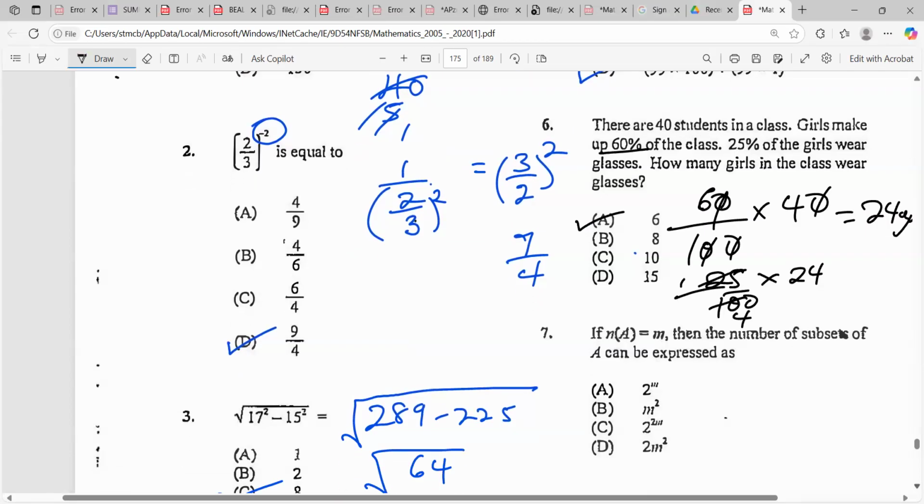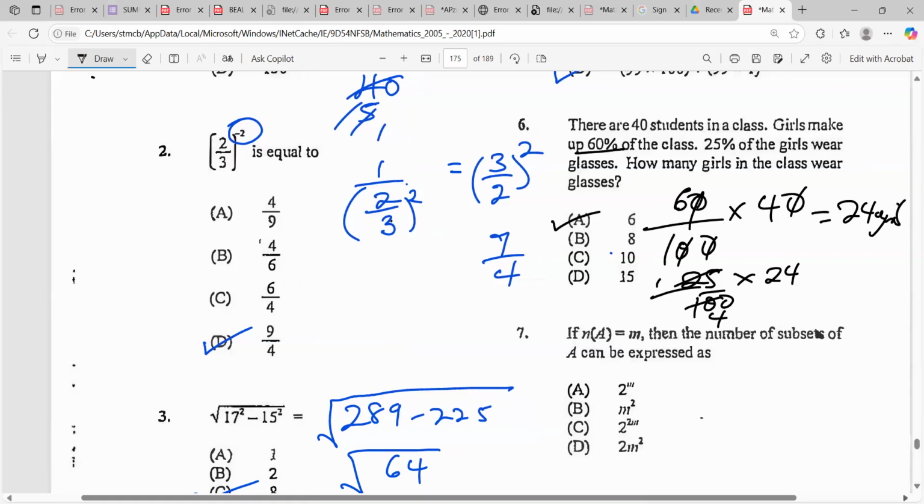Number 7 says if the number in A is equal to M, and the number of subsets of A can be expressed as. Alright, so M represents the total number of elements, meaning, for example, if you have 3 elements, how many subsets can you get from this? Now the formula says that must be 2 to the number of elements.